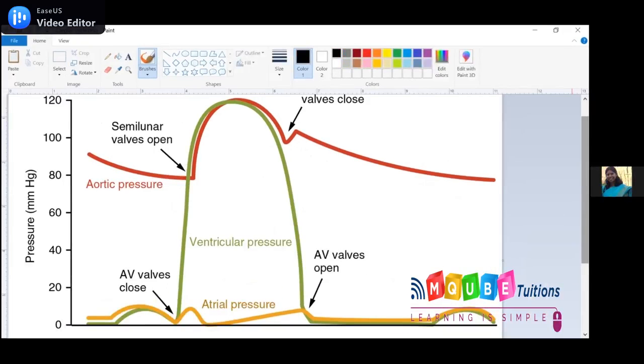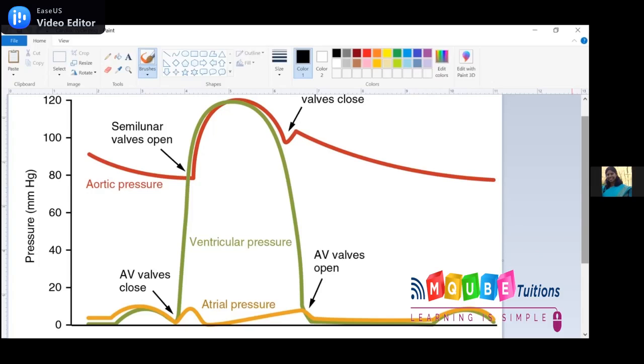As you know, the right side always contains deoxygenated blood, and the left side of the atria and ventricle will have oxygenated blood. The right side has a simple function: it gets the deoxygenated blood from systemic circulation and sends it to the lungs for purification.